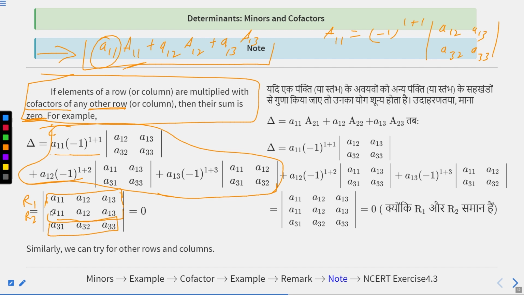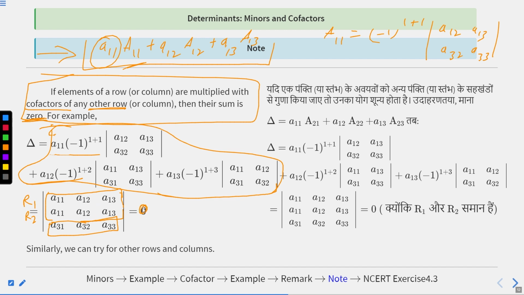No issue in that. But row 1 and row 2 are the same. This is the case where elements of a row are multiplied with cofactors of any other row. So what will happen? Their sum is 0, as you can see.